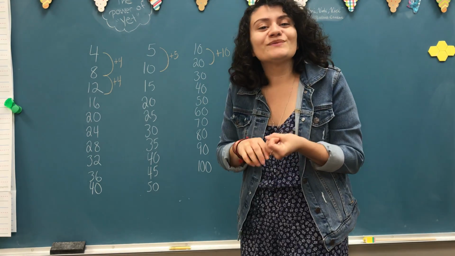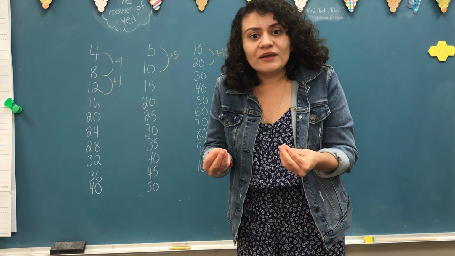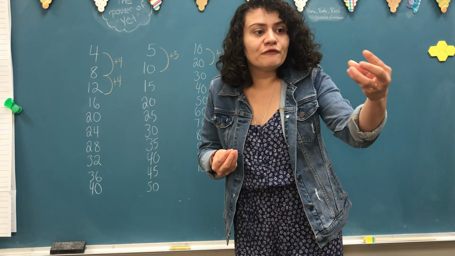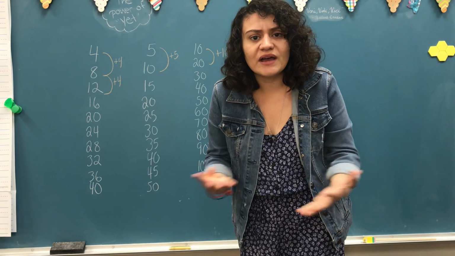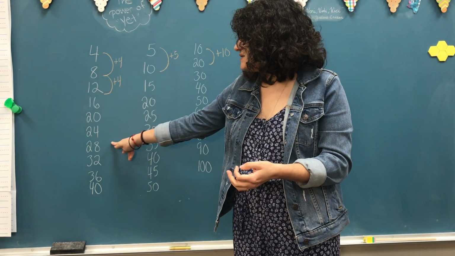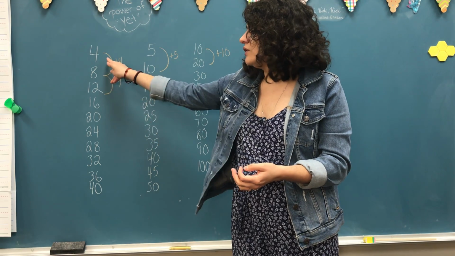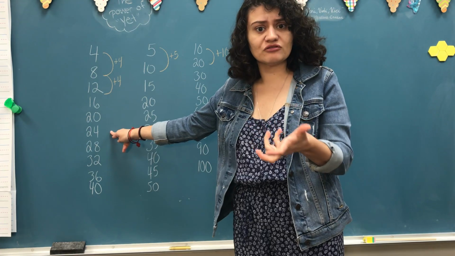There's going to be ones where it's asking you about grouping things. If there's 4 things in each group and there's 6 groups, how many things do I have altogether? Or if I have 28 of something and there's 4 in each group, how many groups will I have? That would be division, right?